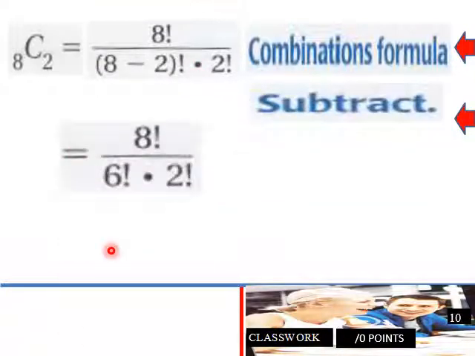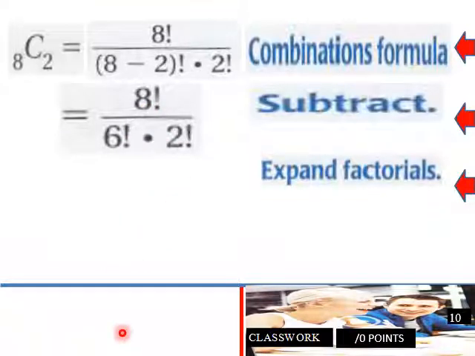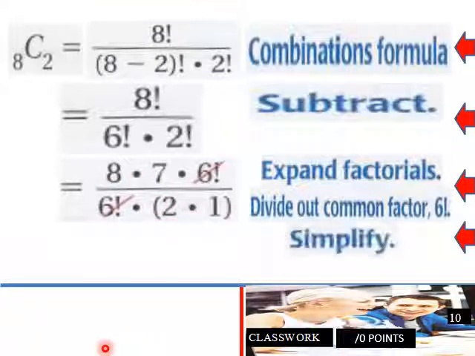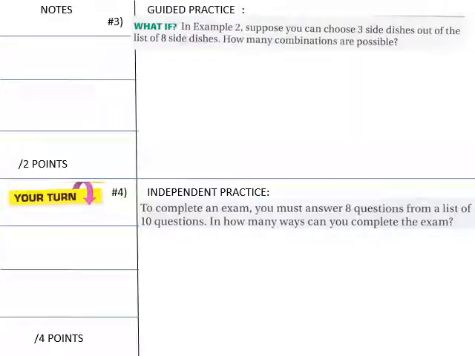Then subtract, and we have 8 factorial over 6 factorial times 2 factorial. Then in the expansion of the factorials, these would cancel, and you would have 8 times 7 over 2. So it would be 28 combinations of side dishes in that situation.